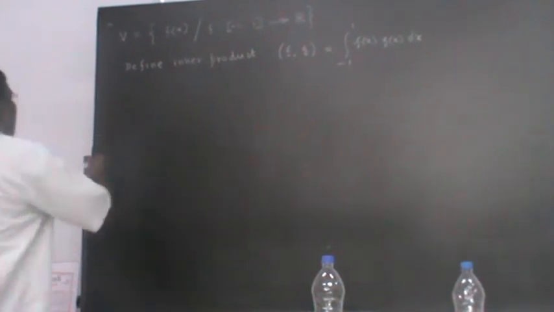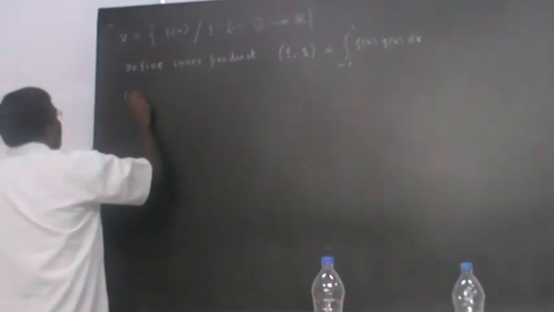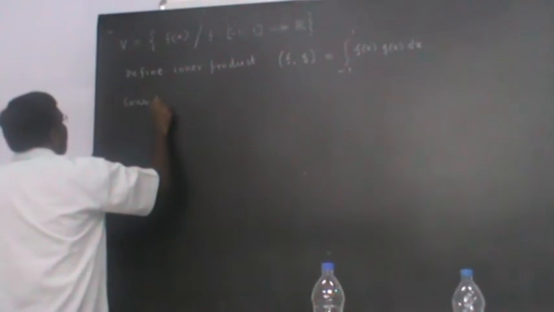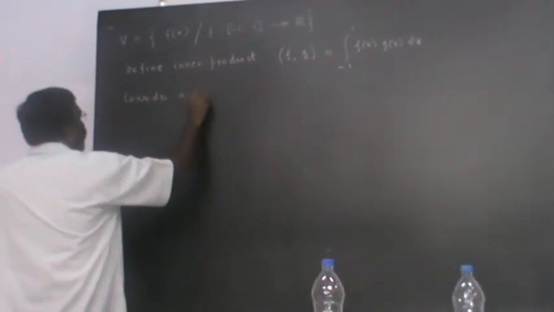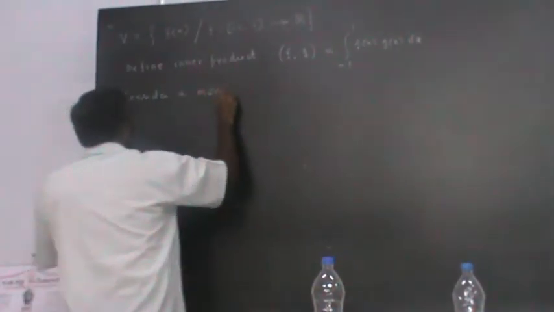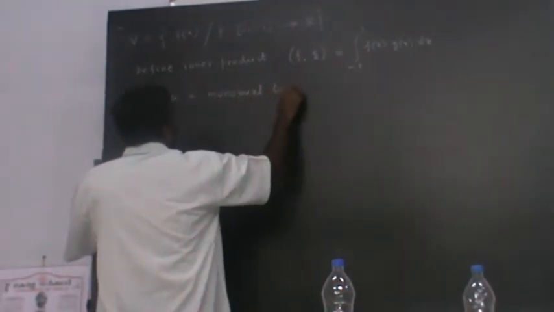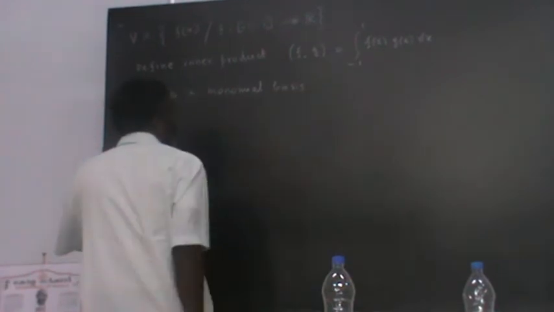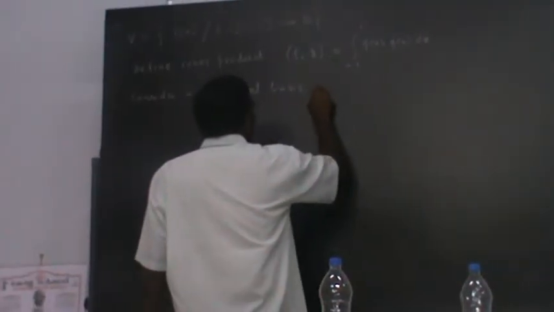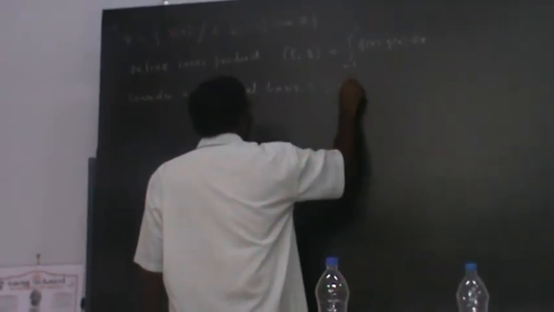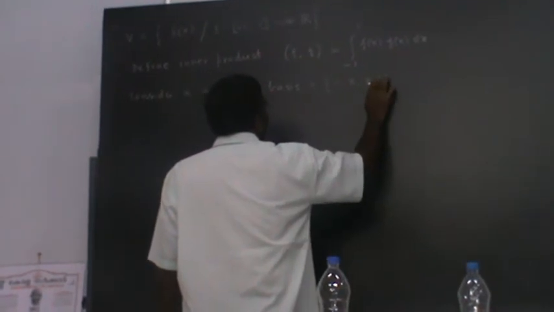Now, consider a monomial basis. Yesterday we talked about this monomial basis. What is a monomial basis? Monomial basis is 1, x, x squared.